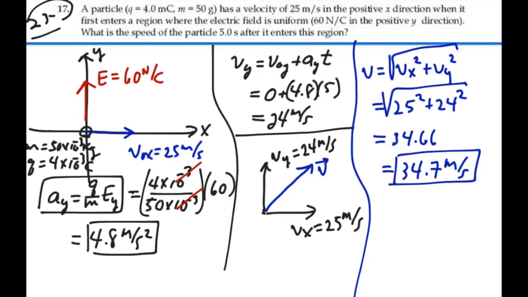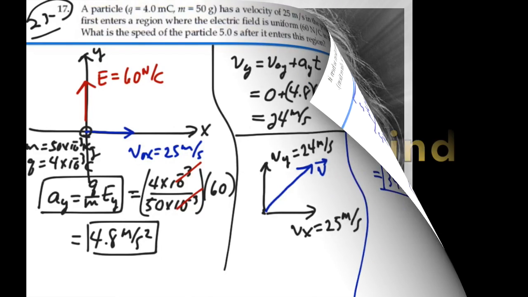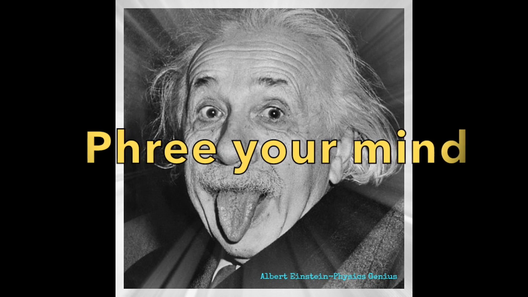So after 5 seconds, adding our two component velocities, we have a speed of 34.7 meters per second, 5 seconds after the particle enters the region.